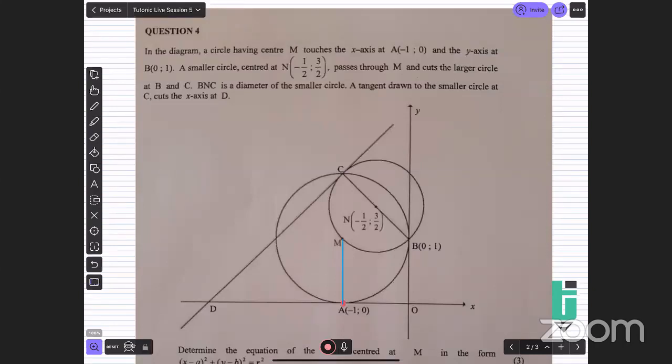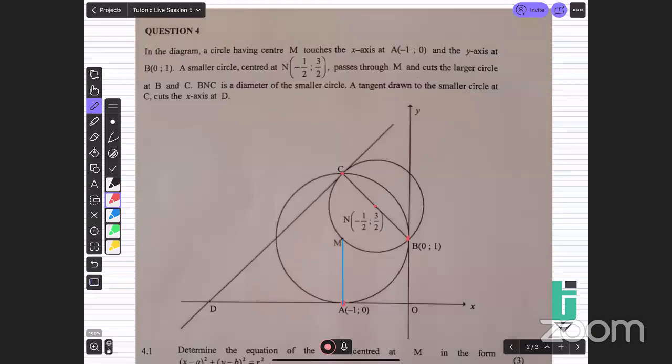So a smaller circle centered at N. You guys see the smaller circle here, and it cuts the larger circle at B and C. Interestingly, it cuts at B, at the y-intercept. So therefore you have a point on the circle, and you know that point. And can't you work out C also because this is the midpoint?